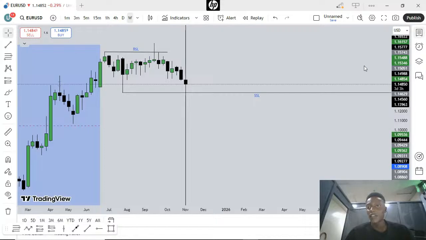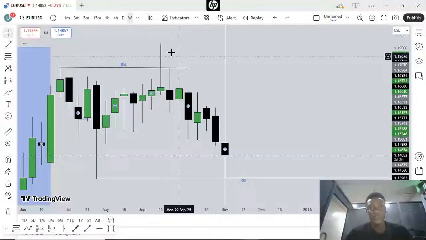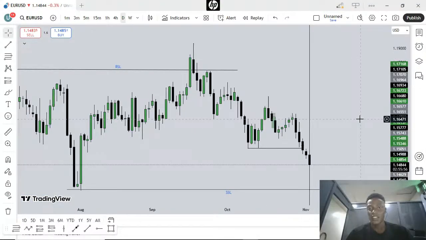I'm going to ensure that today's live stream is not quite long. We see, after this massive move to the upside, price fall out here, and then our next target is this sell side liquidity. So this is our draw on liquidity. Why? This was acting as relative equal lows.